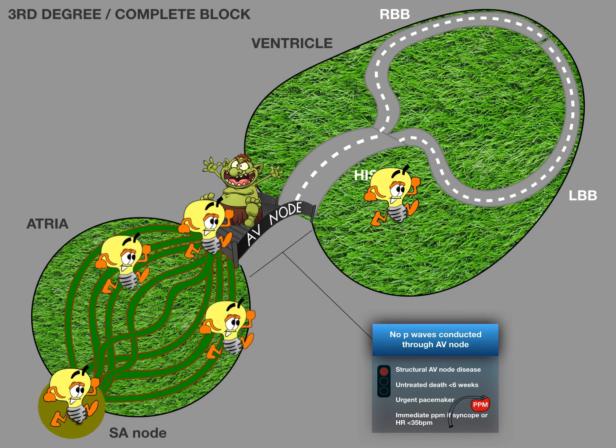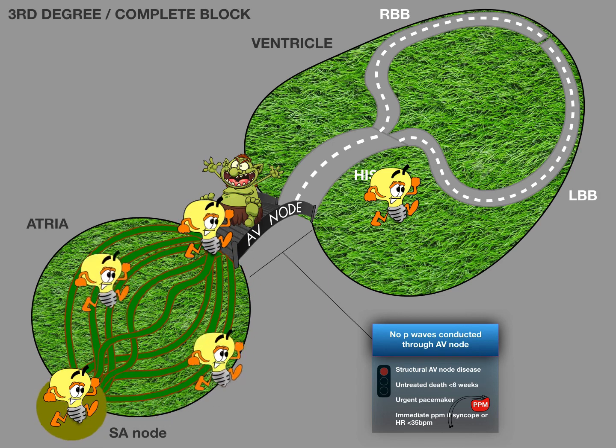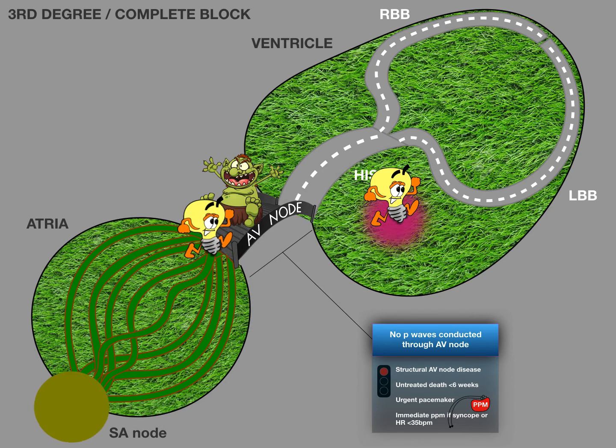Here, the AV node is completely blocked, so there is no conduction through it. So the SA node continues to fire, but none of these impulses are transmitted through towards the ventricles.